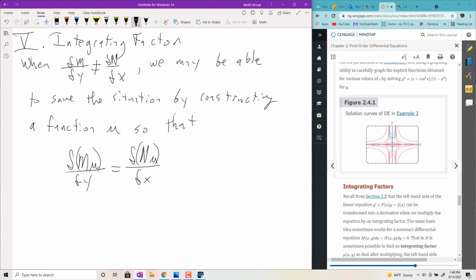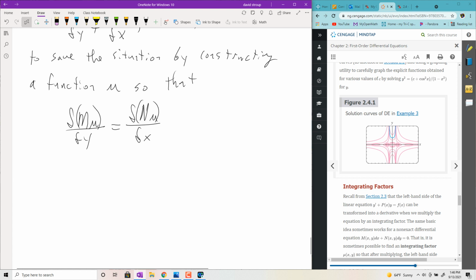It's from this relationship that I'm actually able to kind of figure out what that integrating factor mu should be. So if I were to kind of expand this thing here, notice that you need the product rules, right? So it'll be the partial of m with respect to y times mu. So you leave mu alone, take the partial with respect to y, plus then take the partial of mu with respect to y and leave m alone.